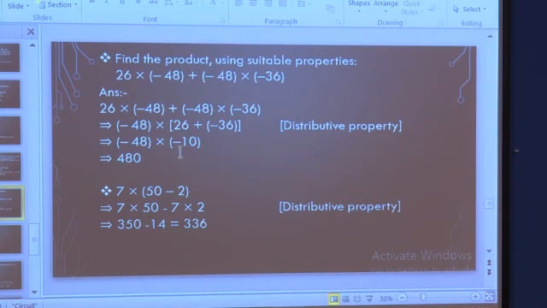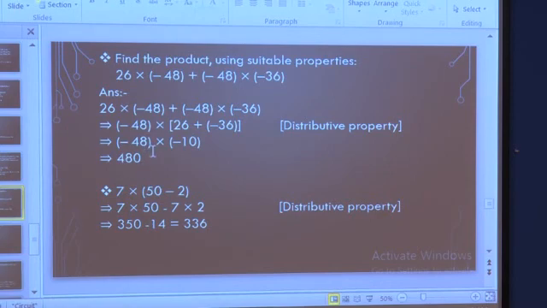Here we have both negative integers, and you know the rule that when we have two negative integers, we get the product as positive. By multiplying this, you know the magic of 0, write 10, and 48 ones are 48. So, your answer is 480.